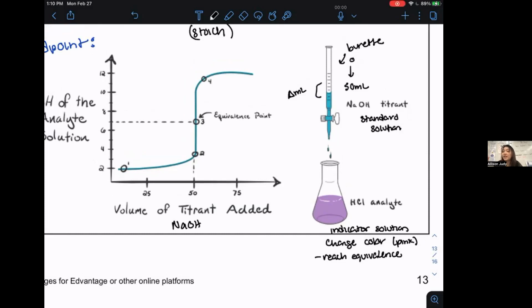And then there's a point, it's almost like magic, when it hits the threshold of everything's been mixed and reacted. And you basically get a zone right at the amount, 50 milliliters for this example, where at 50 milliliters, you are theoretically neutral, pH of 7 for a strong acid, strong base.